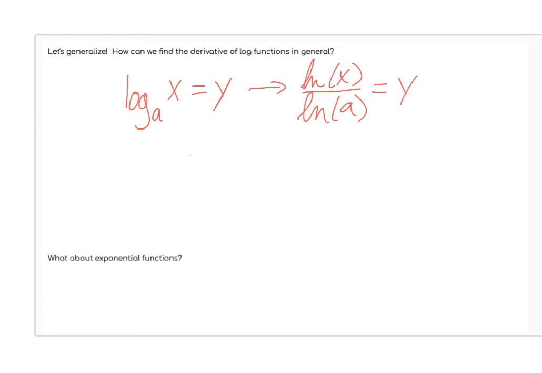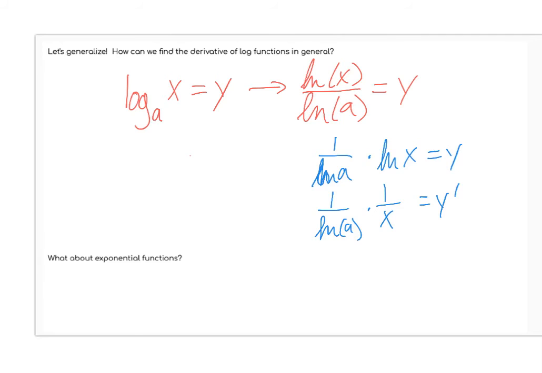And if that's still equal to y, that's fine. ln of a is just a constant. So if we're thinking about this as like 1 over ln of a times ln of x, then the derivative could be written as 1 over ln of a times 1 over x. So we end up with 1 over ln of a times x on the bottom.